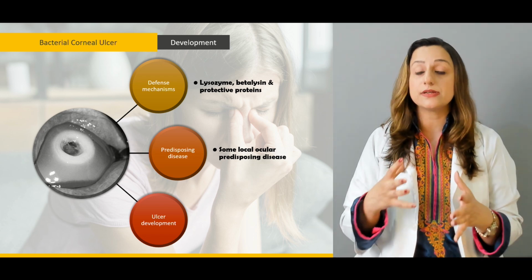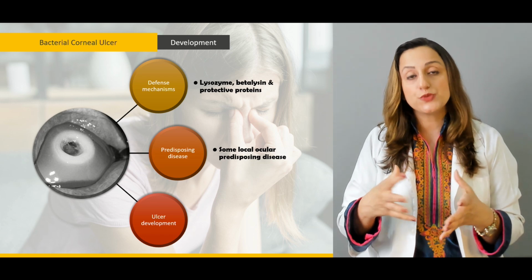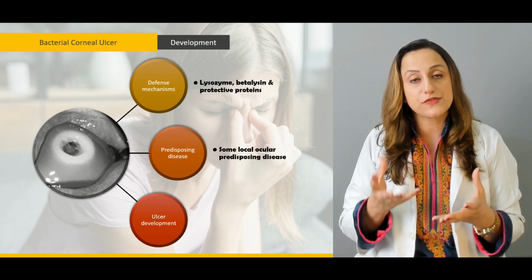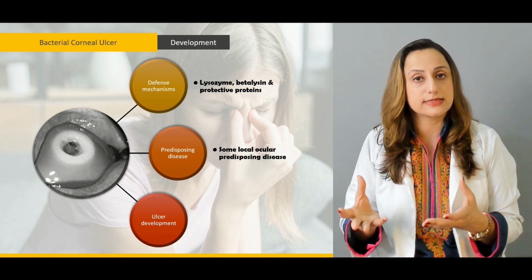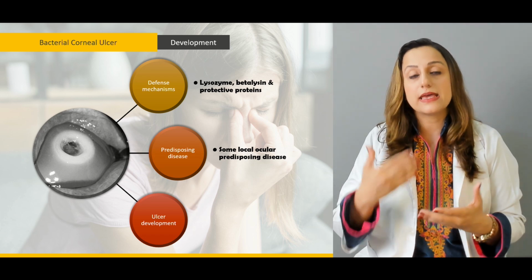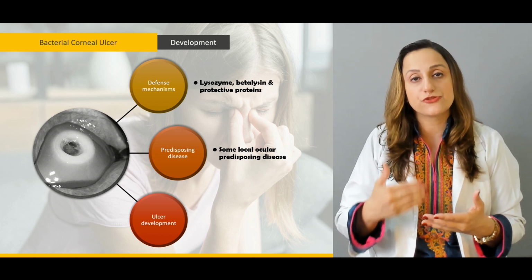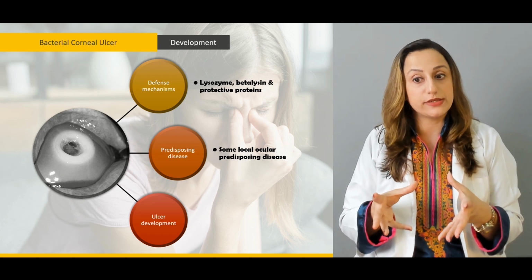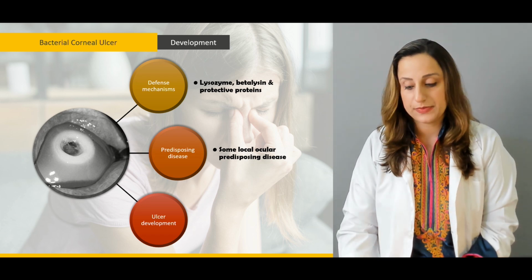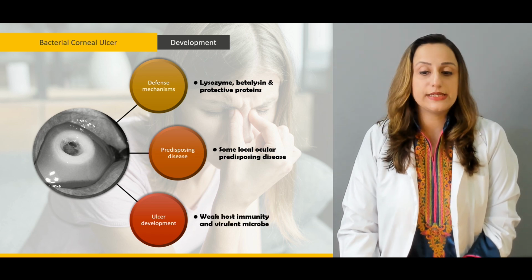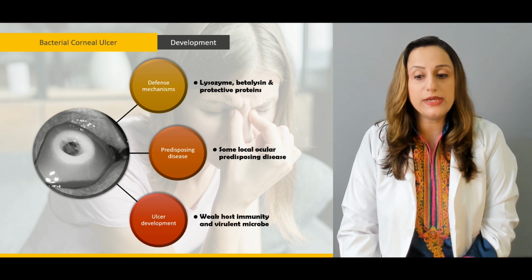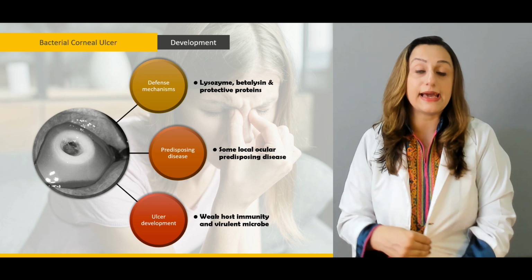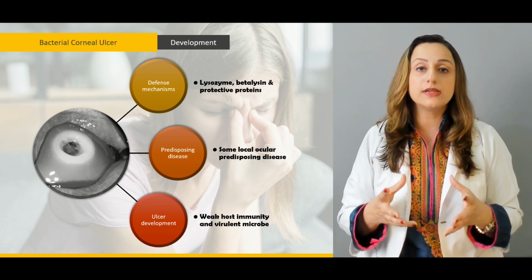So a child or a person should be predisposed to the development of this kind of bacterial corneal ulcer. That means that his or her immunity has to be decreased to hold on to this bacterial corneal ulceration. The ulcer development would then finally take place. The weak host immunity is very important, as well as the virulent microbe.